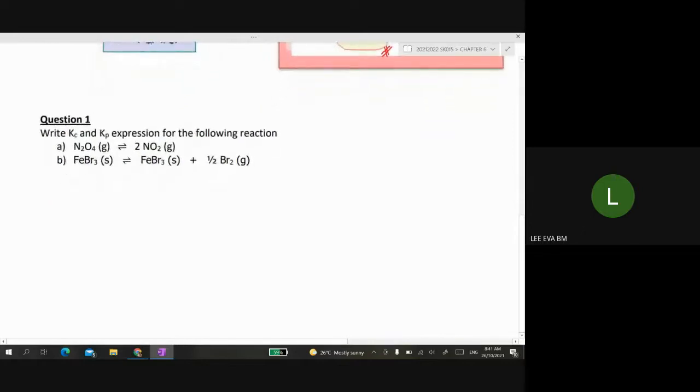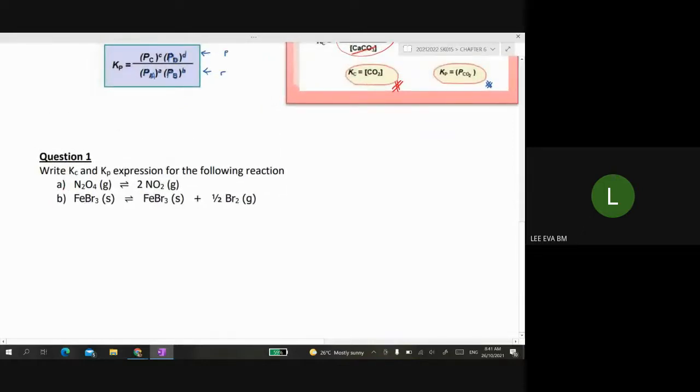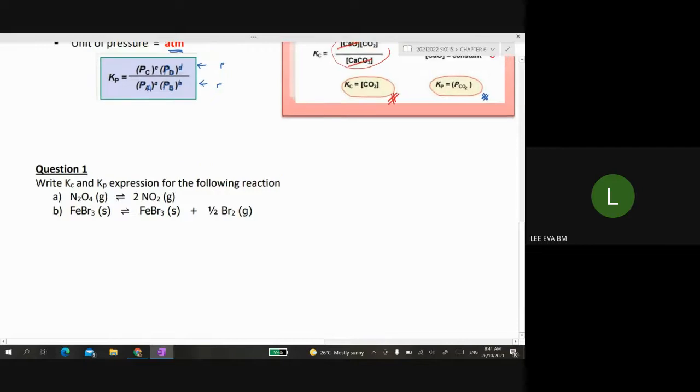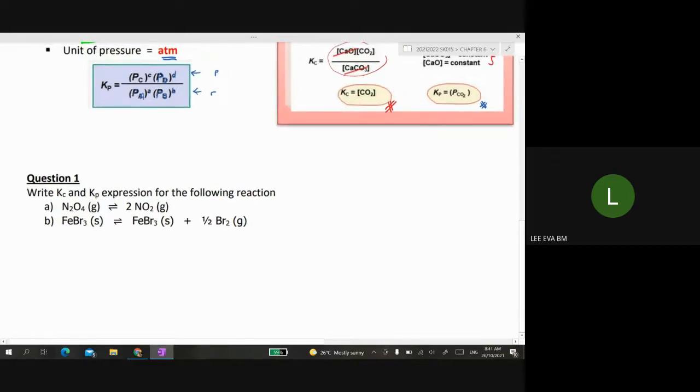Okay, question number 1. Write Kc, Kp expressions for the following reaction. But first of all, for A, is it homogeneous or heterogeneous? Okay, so let's start with Kc first, concentration. Can we use concentration for both of these species, for our part A?